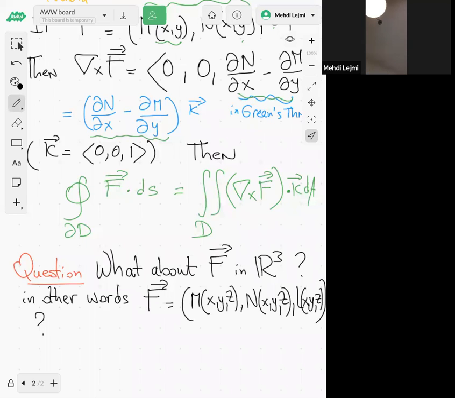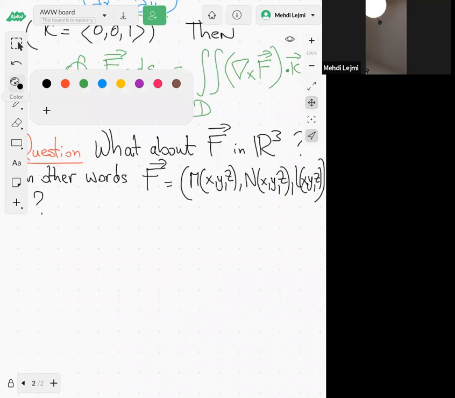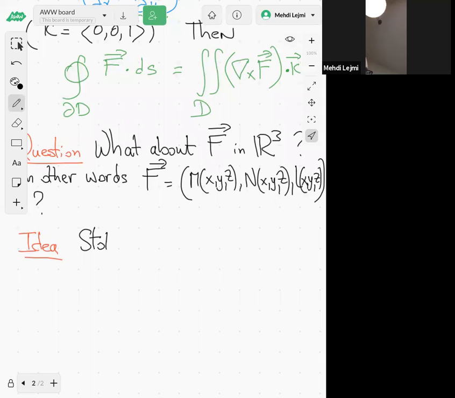Yeah. So in that sense, Stokes' theorem is a generalization of Green's theorem. What you need to keep in mind, guys, after the end of the semester, if someone asks you what Stokes' theorem is: Stokes' theorem is a generalization of Green's theorem.